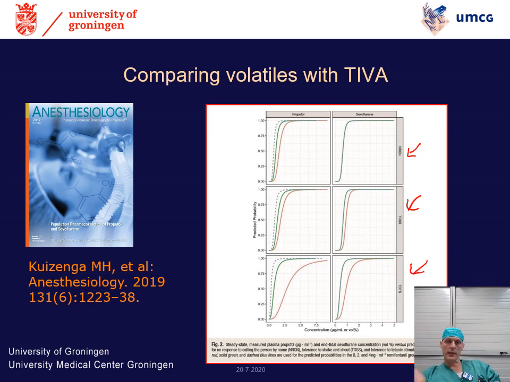And then you see that there's a clear distinction between adding remifentanil in a TIVA setting versus sevoflurane. The hypnotic effect of sevoflurane is not affected by the opioids. Neither 2 nor 4 nanograms per milliliter of remifentanil had any effect on the dose-response relationship for inhibiting the response to name calling with sevoflurane, but it did with propofol.